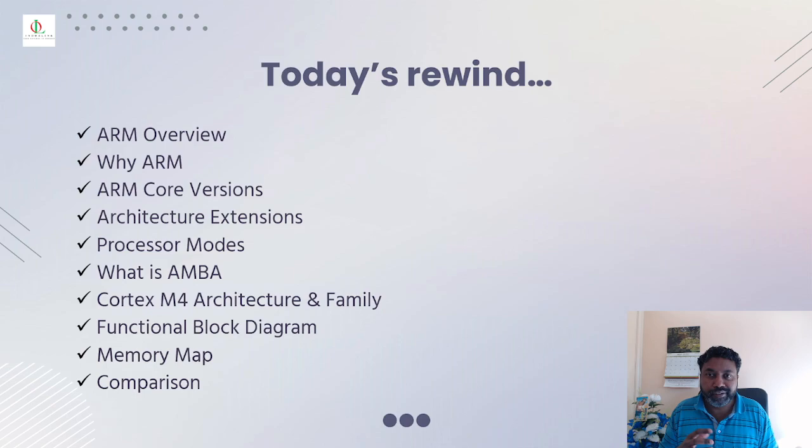And what AMBA is, the Advanced Microcontroller Bus Architecture, and the various different families of F4. And then a detailed explanation of the block diagram and how the memory is stacked in your program, and a comparison of the whole M0 to M7 Cortex series.